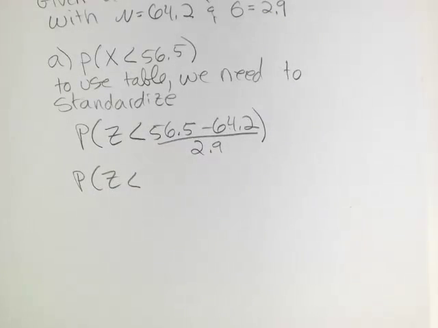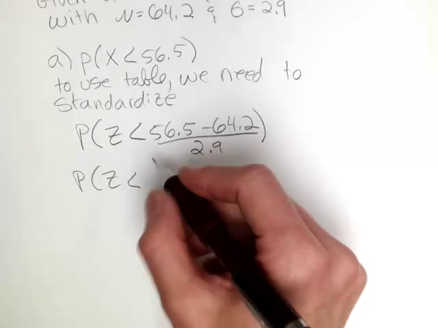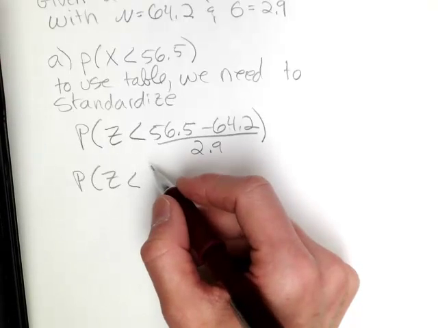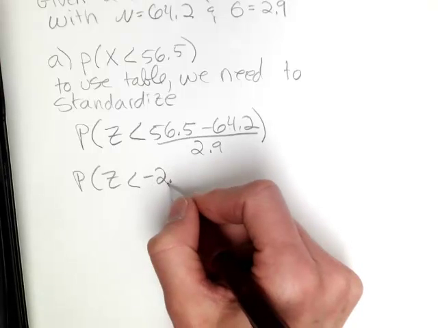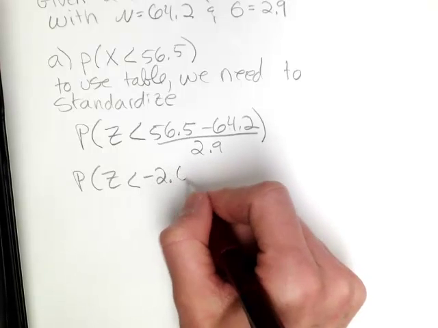Okay, so let me get that z-score real quick in the calculator. Rounding to 2 decimal places, because that's how far our table goes, this z-score is negative 2.66.